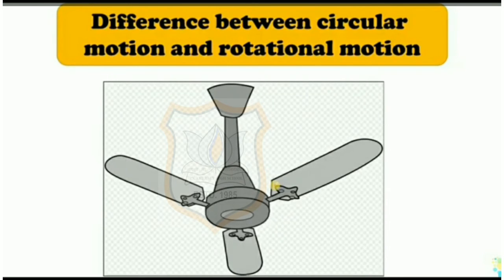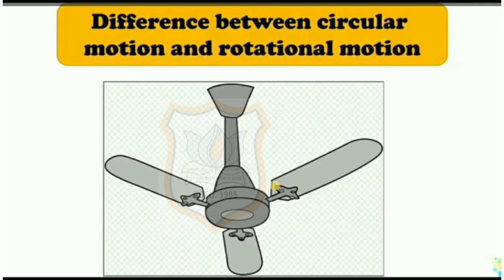So, what is the difference between circular motion and rotational motion? Circular motion: when a body moves along a circular path, it is said to be in circular motion. Example, the earth moves around the sun in a circular path. Some more examples of circular motion are motion of the moon around the earth, motion of the tip of the hand of a watch or a clock.